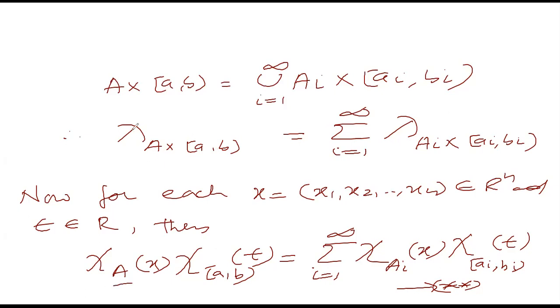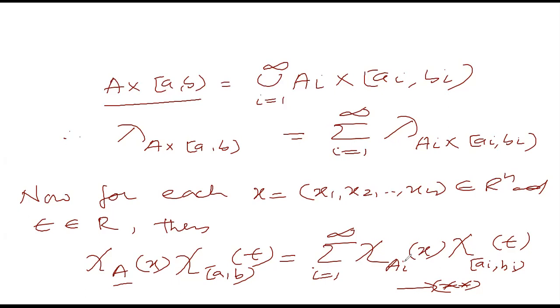But this a cross ab is this disjoint union, so it belongs to exactly one ai cross ai comma bi. So there is a unique i such that x belongs to ai and t belongs to ai comma bi, so this must be equal to 1. That means in this sum exactly one term is equal to 1 and the rest of the terms are equal to 0. So this side is also equal to 1.